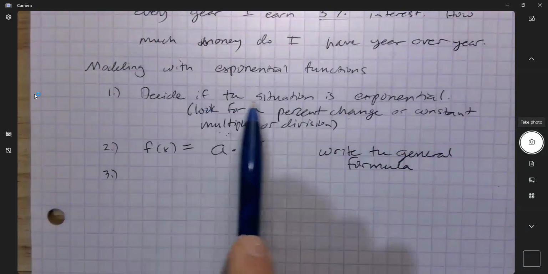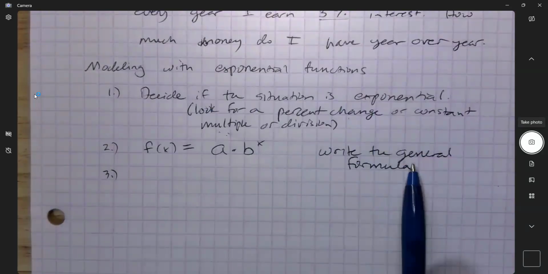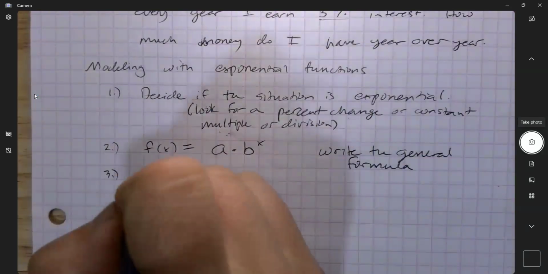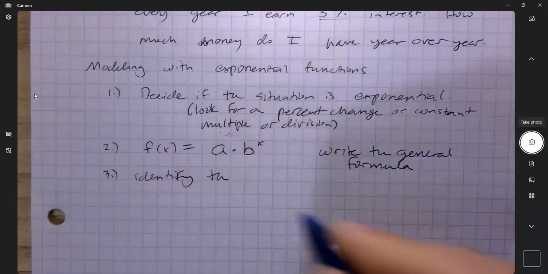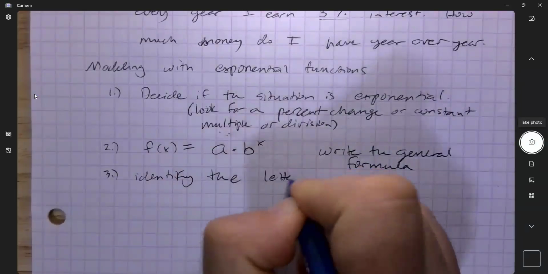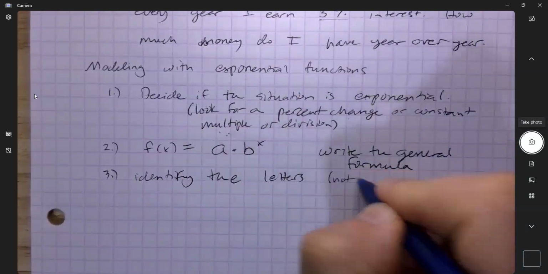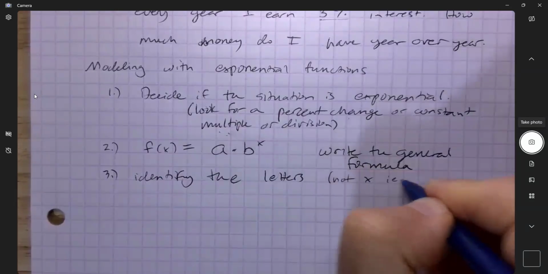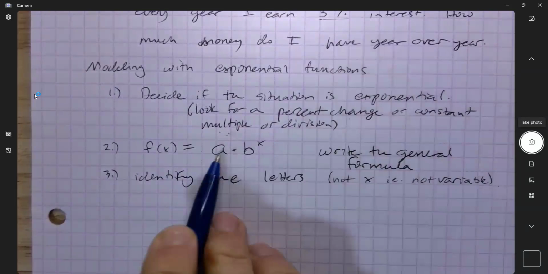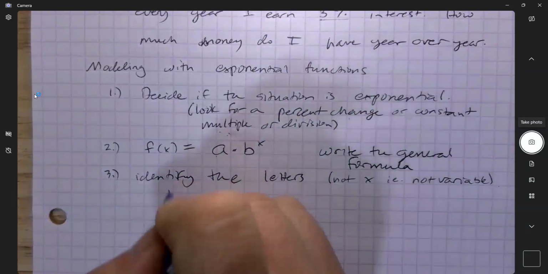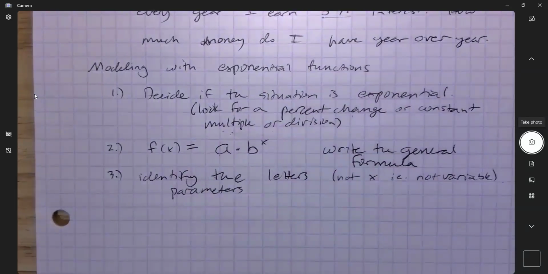You have to decide what type of function models your situation, then write the general formula, then identify the letters, usually not x, i.e. not the variable. We really want to identify the other letters. In math speak, these are called parameters. They're important numbers that don't change.